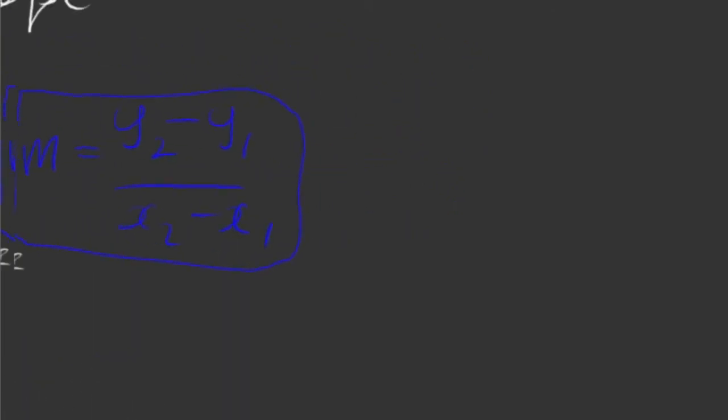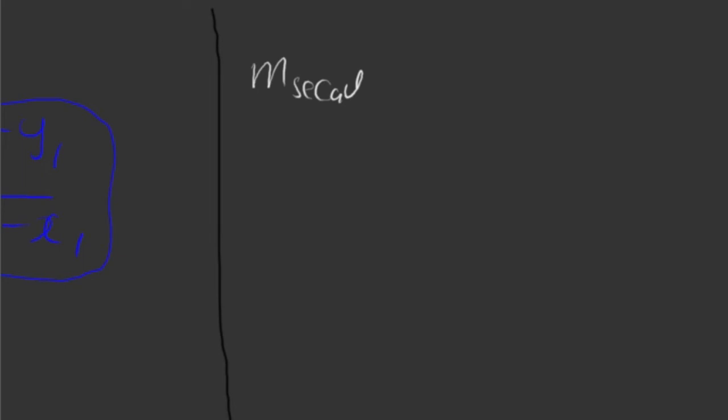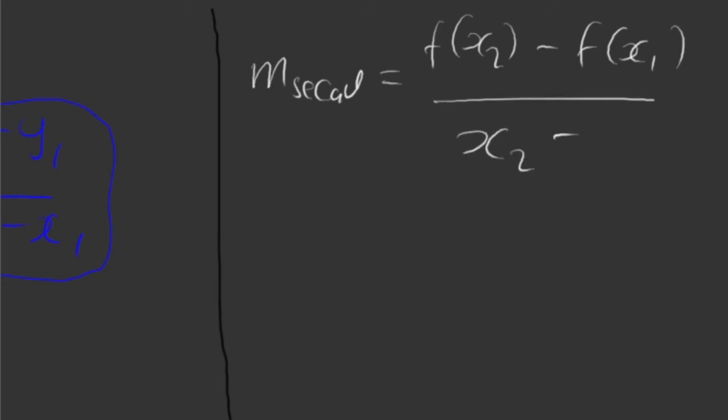So given the function, the formula for the secant line is the one we already know, given by f of x2 minus f of x1, over x2 minus x1, where f of x2 is the y value at the second x value, and f of x1 is the y value at the first point on the interval.